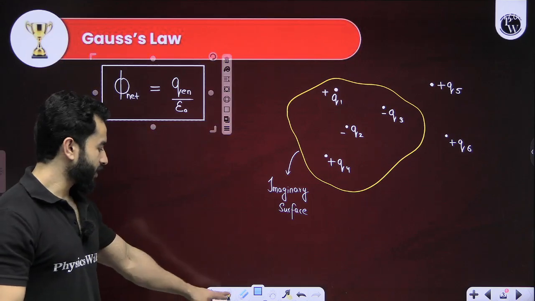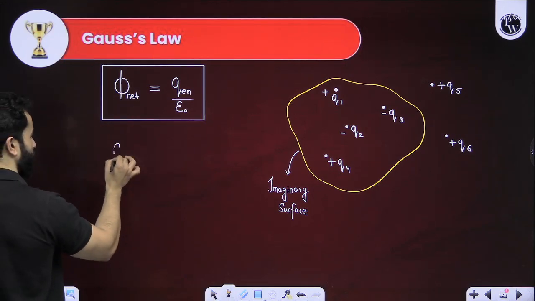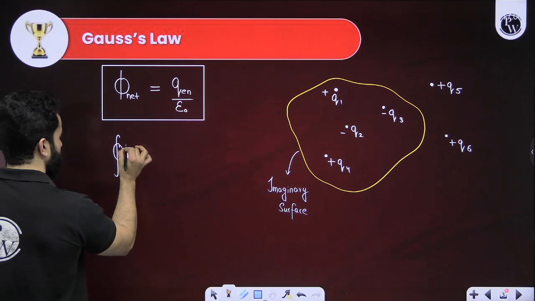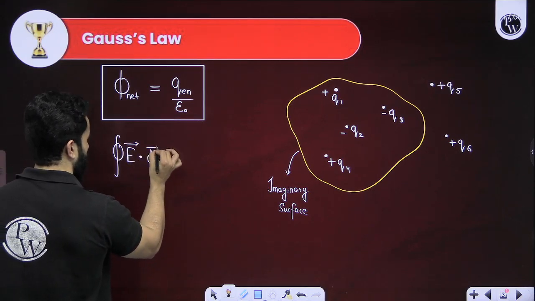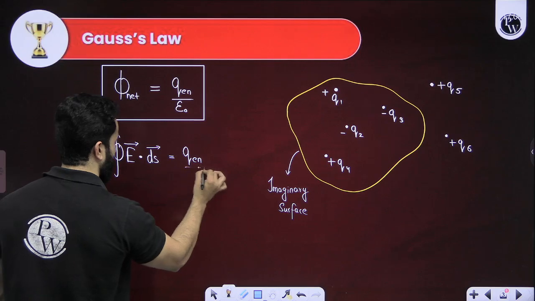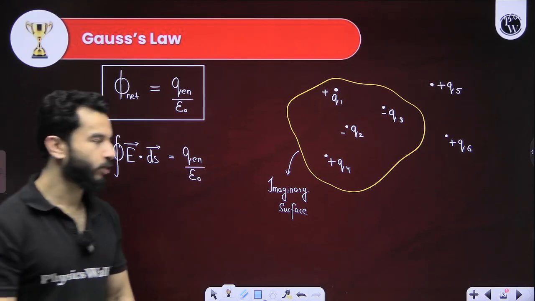And we know that if we want to find out the net flux, we can also write it as the surface integral of E dot dS, and further this can be written as enclosed charge upon epsilon naught. Now what do we mean by enclosed charge?